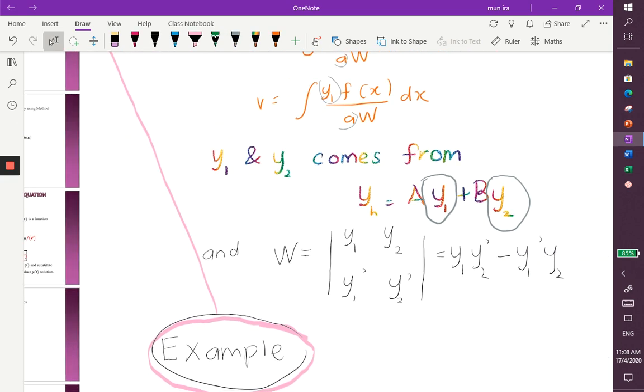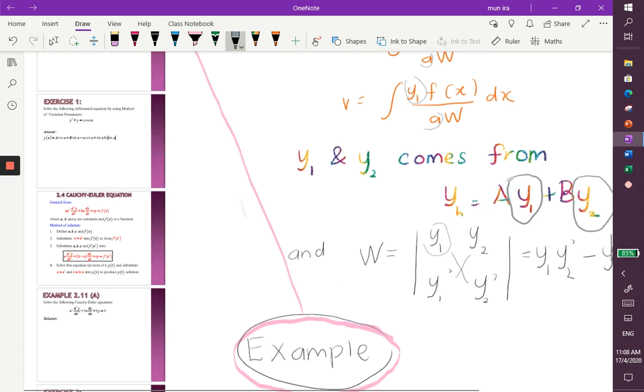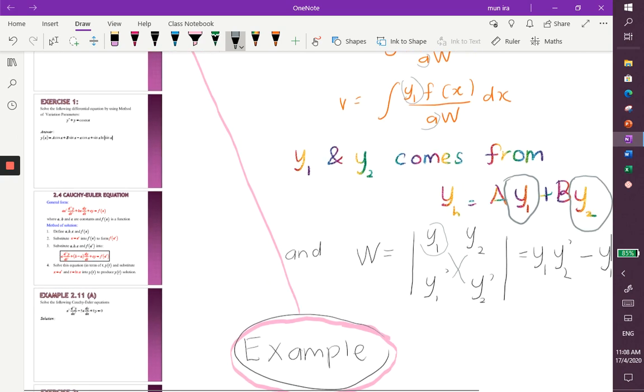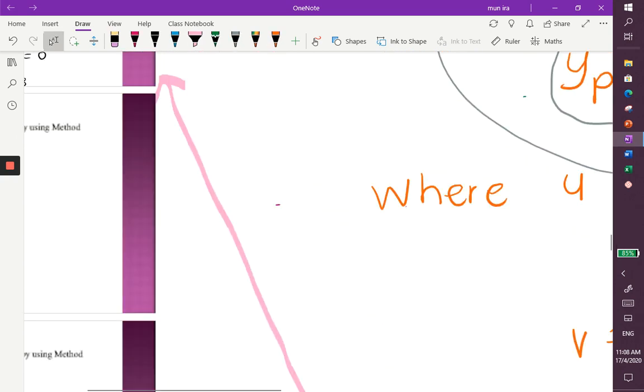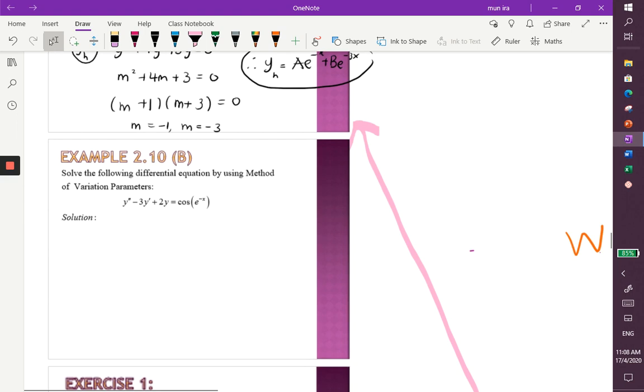For W, you set up y1, and below y1 is the first derivative of y1. Next to y1 is your y2, and below your y2 is the first derivative of your y2. Then you just cross multiply, and you get your Wronskian. So for example, if we have a question like this.